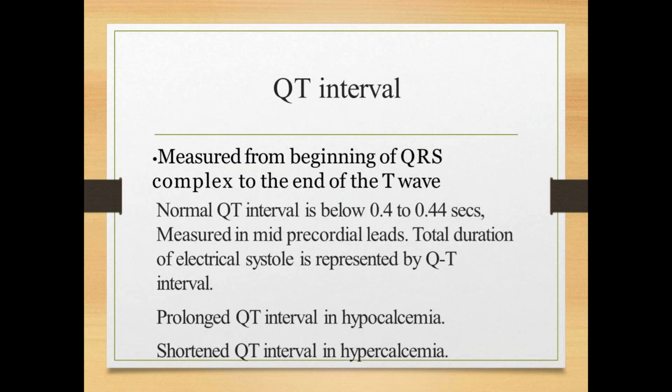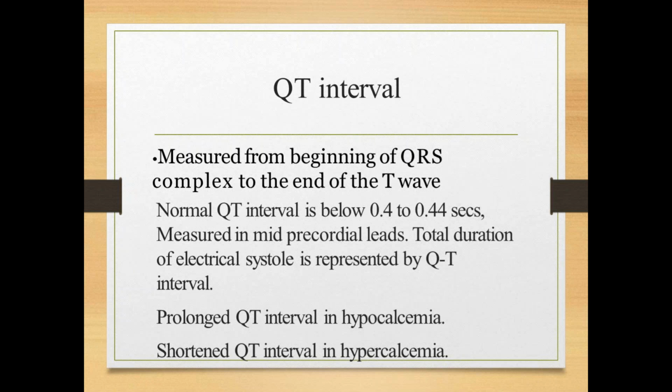Coming to the QT interval, this is measured from the beginning of the QRS complex to the end of the T wave. The normal QT interval is 0.4 to 0.44 seconds.